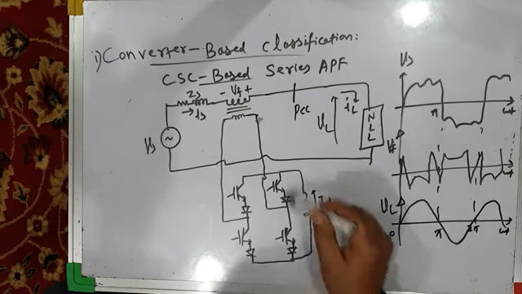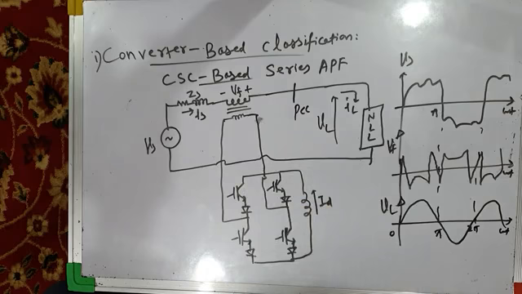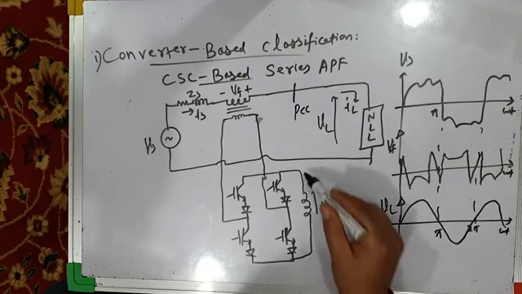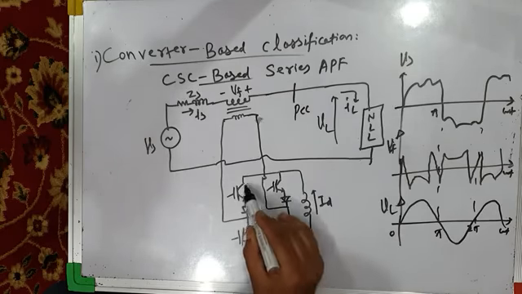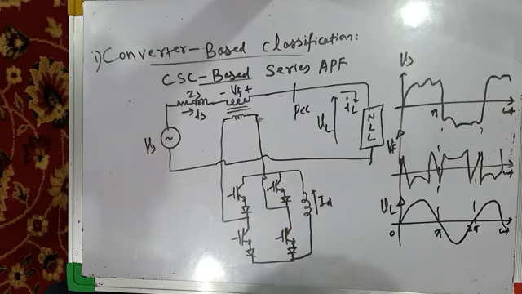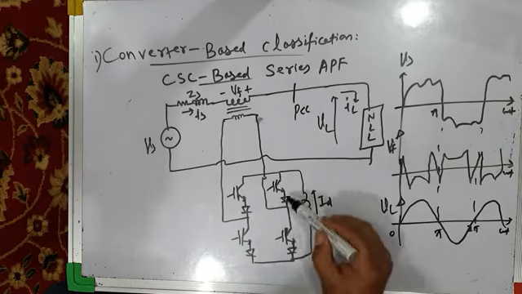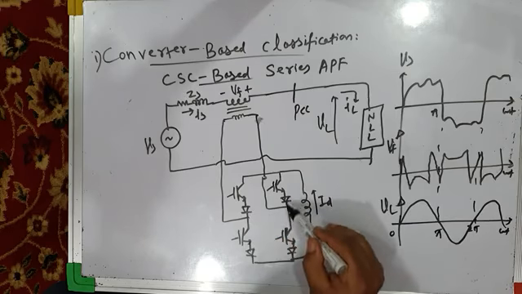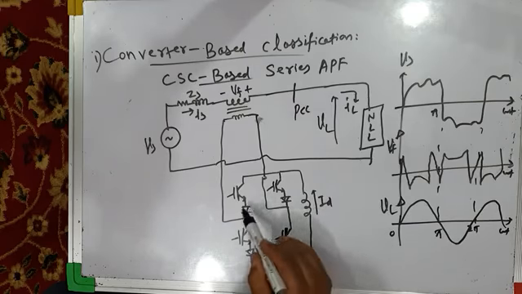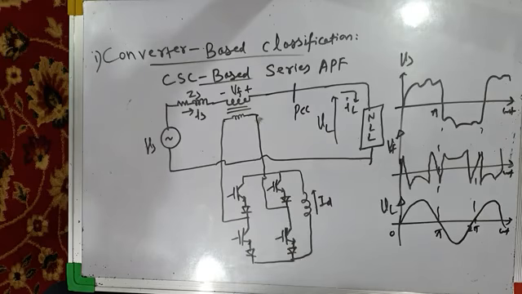Now, the topology that we have used in this case is current source converter. Current source converter has this type of topology. On its DC bus, we have an inductor, not a capacitor, and we don't have anti-parallel connected diodes across these IGBTs. Rather, we have series connected diodes like this. These diodes are connected in series with each and every switch to give reverse voltage blocking capability to IGBTs.